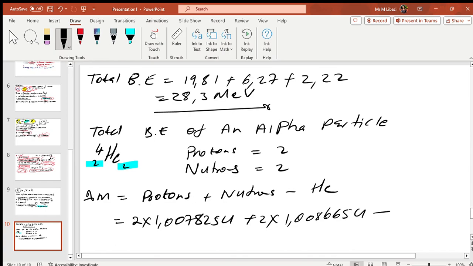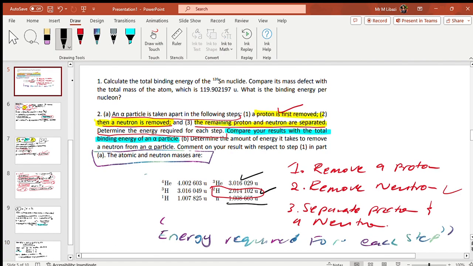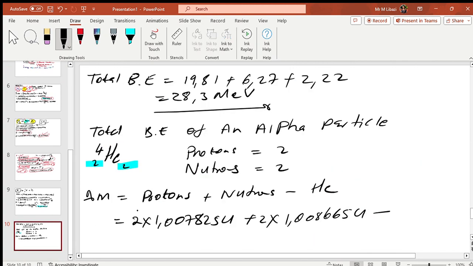Now what about the mass of helium? That's the question. Oh, good, here it is, it is given. So that's 4.002603 U. So now let's see.